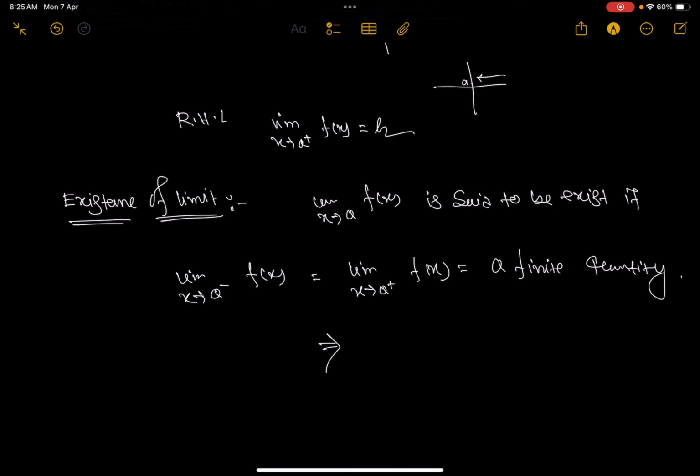This implies that the limit exists if the right hand limit and left hand limit exist and are finite. This is the most important one. Both are finite and equal. Then we say that at this point the limit exists.